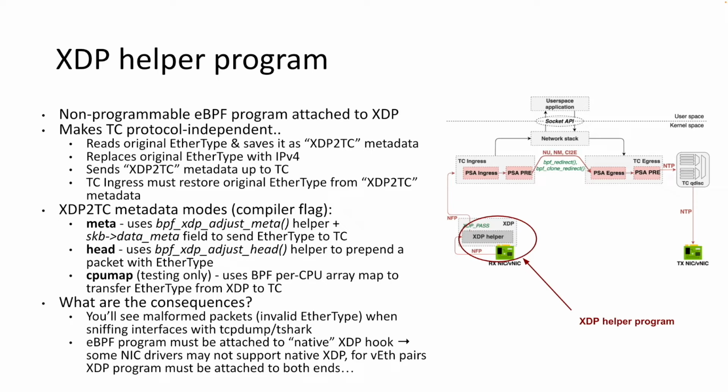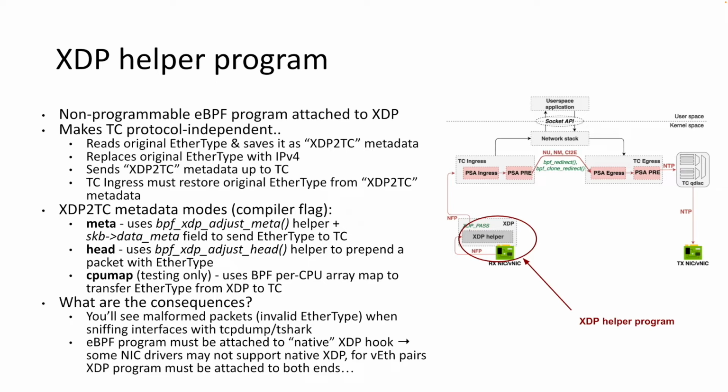Finally, the TC ingress program receives a packet, reads XDP to TC metadata, and replaces the temporary Ether type in the packet with an original Ether type. In this way, TC layer thinks that it operates on an IPv4 packet, while in fact it can support different packet types.